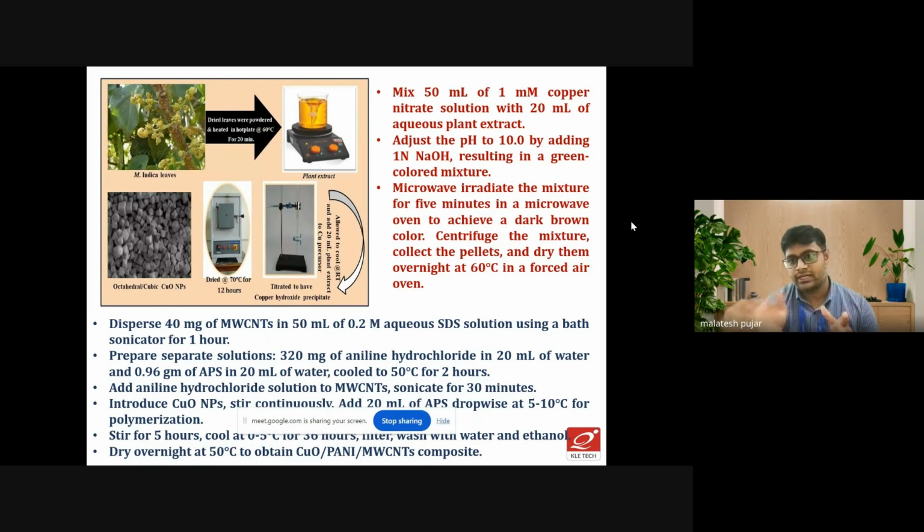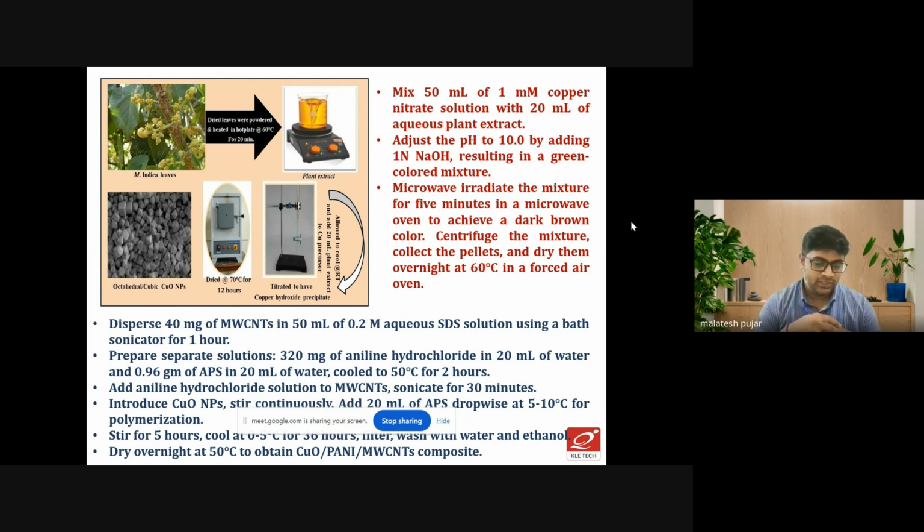Then we irradiated that in a microwave oven, followed by centrifugation and annealing. Ultimately, we got the powder. We tried to mix that with the multi-walled carbon nanotubes, because here we wanted to prepare a coating structure, so that we can create more pores or gaps, which will lead to the oxidation and reduction reactions, so that it can sense the target gas we pass to our material.